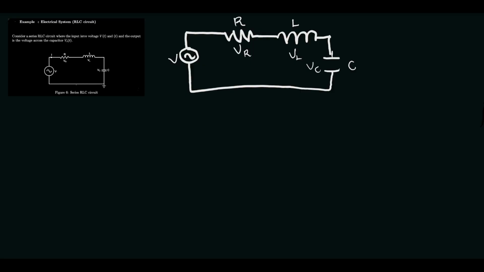Consider a series RLC circuit where the input is the source voltage V(t) and the output is the voltage across the capacitor Vout. To find the ODE of this circuit, let me draw the circuit. To analyze the circuit, we're going to use Kirchhoff's voltage law, where we have positive, positive, positive, positive, and negative.